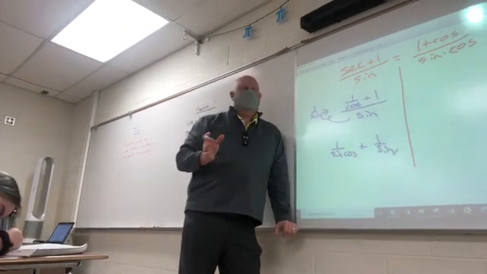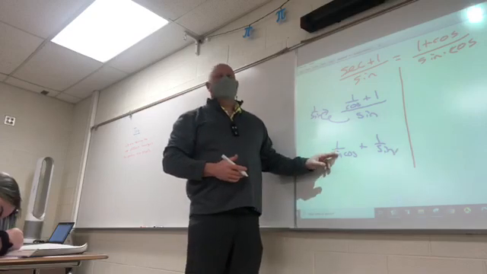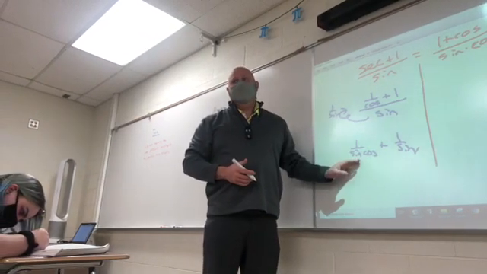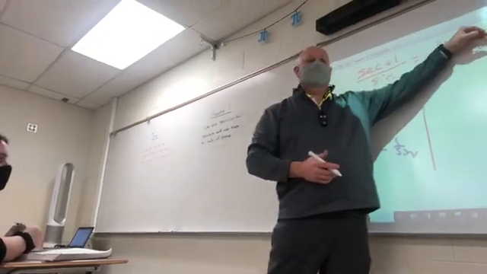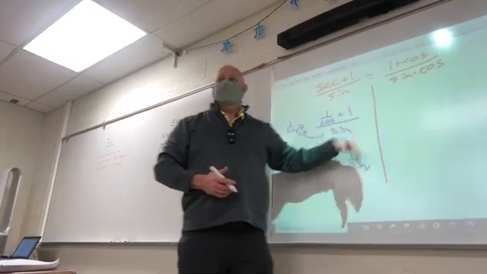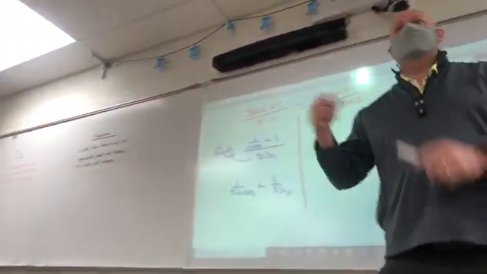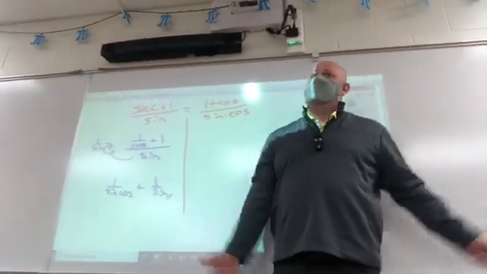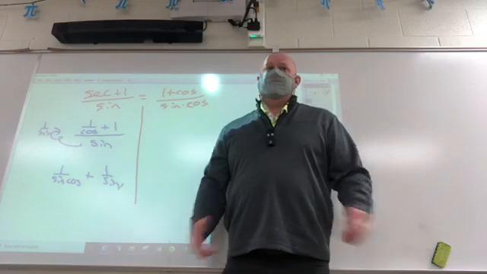Now, you're basically there. You have two choices. You can either find a common denominator and put those together, because I have two fractions on this side and one on this side, right? Or I can split this one into two fractions. The choice is yours. Split it, save some paper.